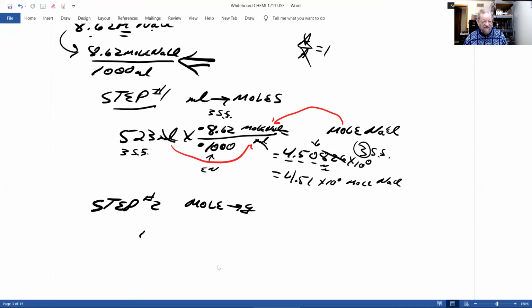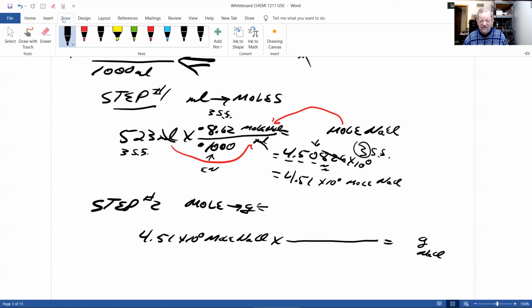And therefore, we have 4.51 times 10 to the 0 moles of sodium chloride, and we want to get to grams of sodium chloride. And once again, we'll use our good friend, unit analysis.